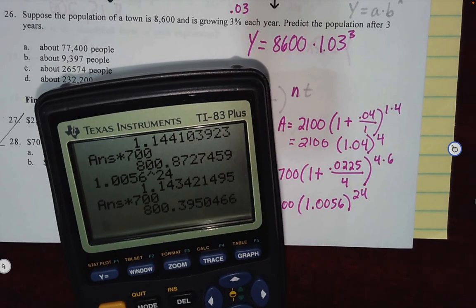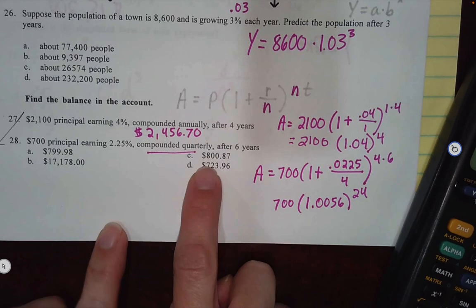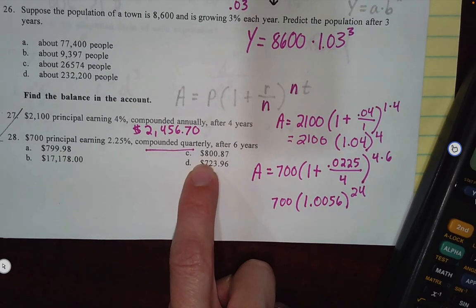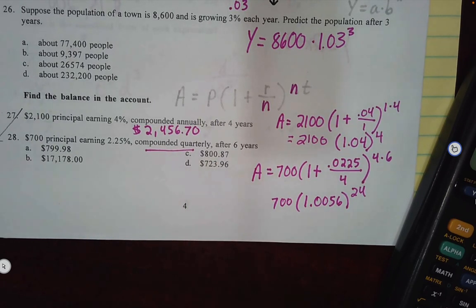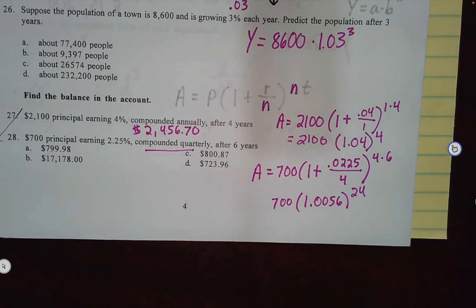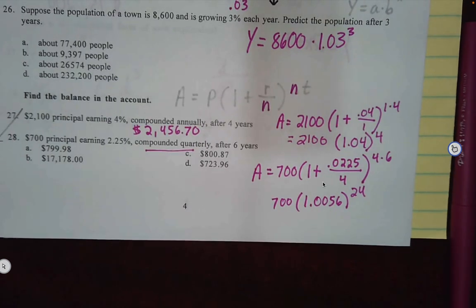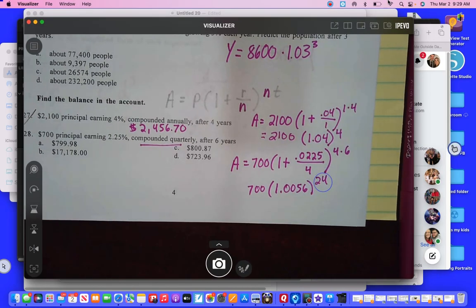I'm getting $800.40, but the reason is because I went to 4 decimals. Y'all, when I went out to 6 decimals, which is ridiculous, I got C. But can y'all get close enough and understand? Yes. If you have a question on that tomorrow, ask me. Okay, y'all can take the rest of the day to look at your study guide. Y'all feel free to come ask me questions.